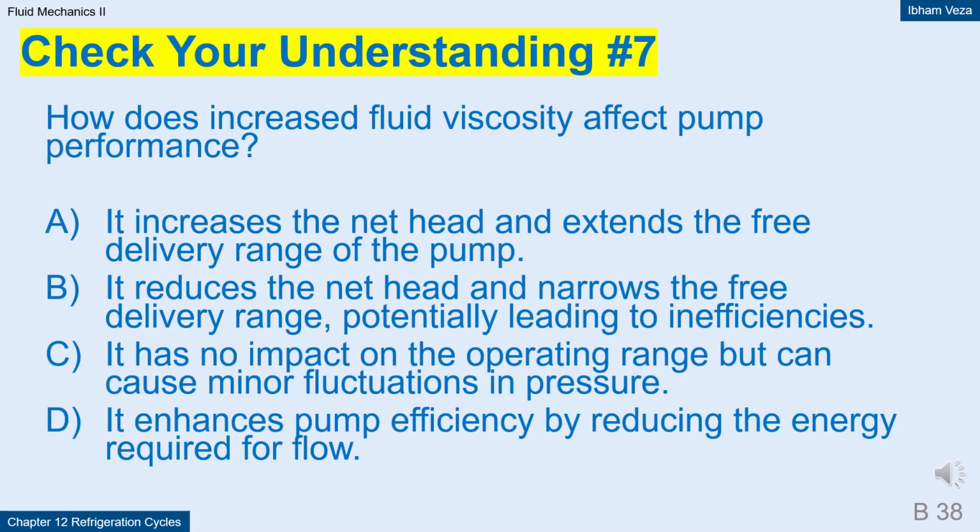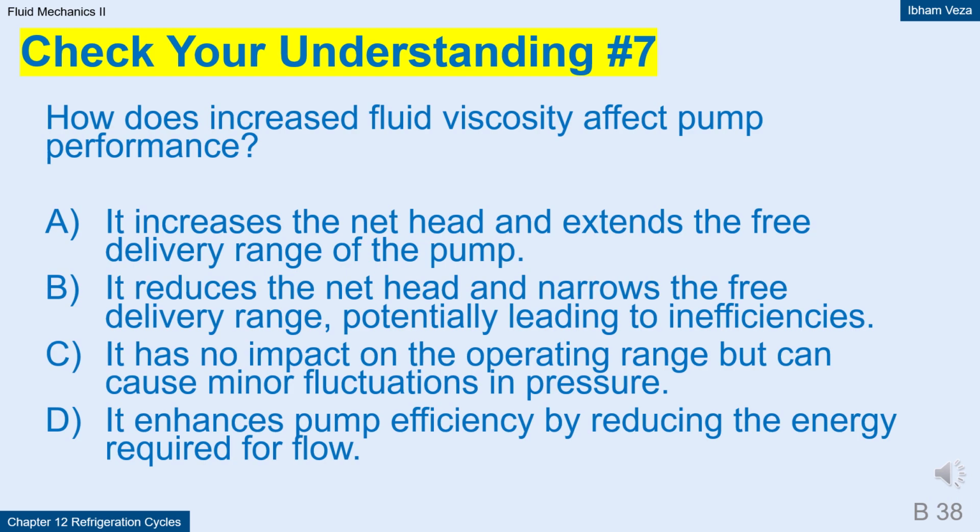Correct answer, B. It reduces the net head and narrows the free delivery range, potentially leading to inefficiencies. Explanation of incorrect options. Option A. Increased viscosity decreases the net head and limits the free delivery range instead of increasing or extending these parameters.